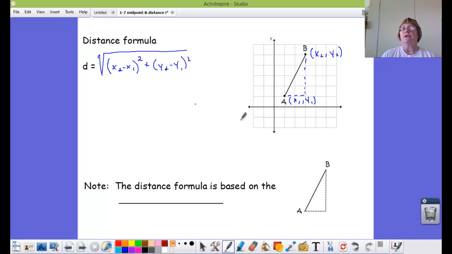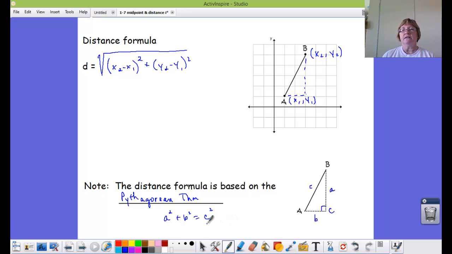Now, ladies and gentlemen, I would submit to you the distance formula is based on the Pythagorean theorem, which you already have some familiarity with. The Pythagorean theorem says that in a right triangle, if you square the two legs and add them together, that's the same thing as the square of the hypotenuse.